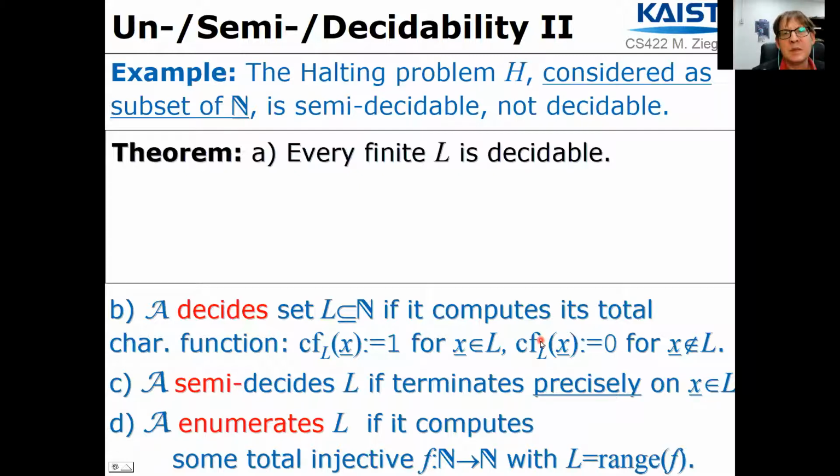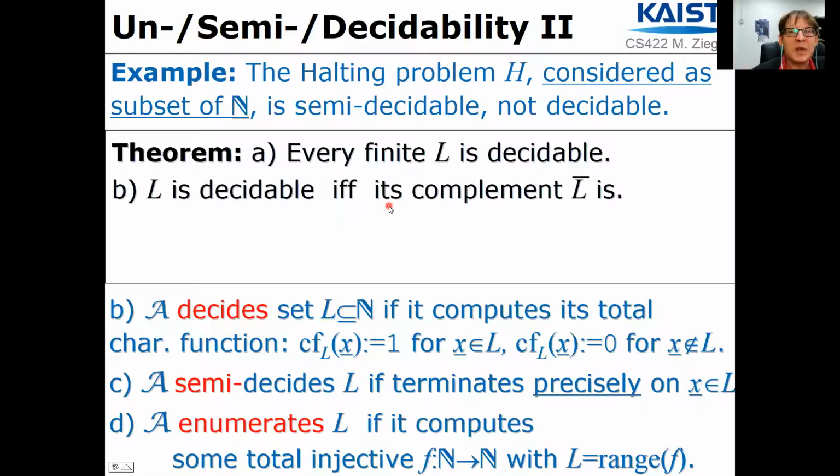Every finite decision problem is decidable. Meaning that the interesting decision problems, those which we will investigate further in the rest of this lecture, are going to be the infinite ones. There's no point in really considering the finite case, because there everything is decidable. That's the first claim of the theorem.